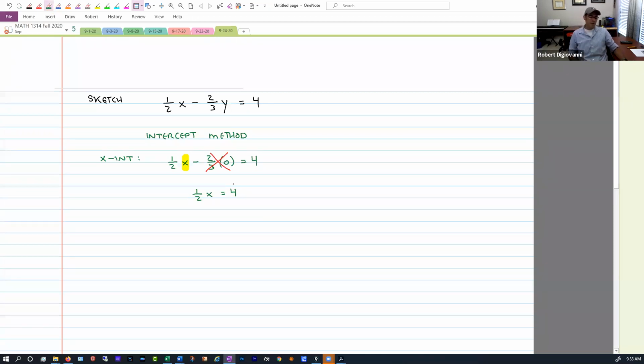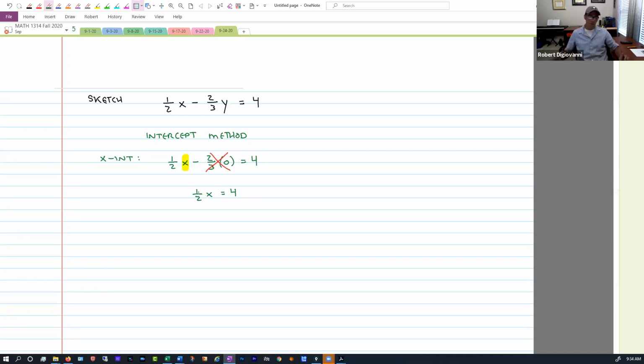So this is a linear equation with one variable now, but we have some fractions. You can look at this two different ways. With this 1/2 in front of the x, you can divide both sides by 1/2, or you can multiply both sides by 2. Those are equivalent operations.